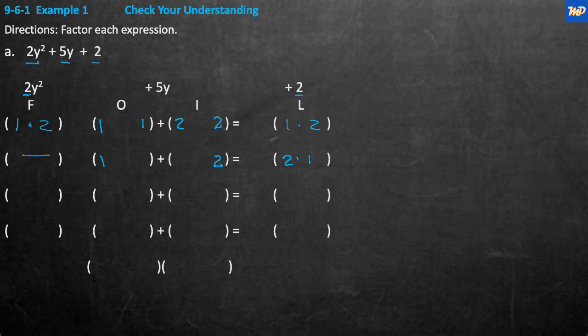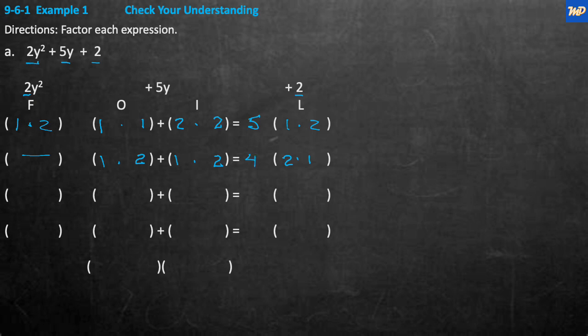Now you go down to the next line, and it's a 2 and a 1. So what do we put in here? We really don't have to put anything in; we're going to put them in down here. However, we need to put dots in here because we have to multiply them. So 1 times 1 plus 2 times 2 is how much? 5. 1 times 2 plus 1 times 2 is 4.